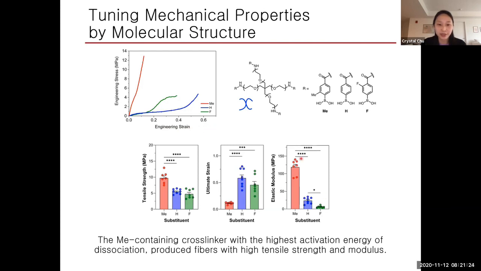And I want to draw your attention particularly to the Young's modulus, where with these subtle changes to the PEG polymer, we can observe really different elastic modulus regimes for each one of our fibers. Something interesting here is that the methyl-containing crosslinker, which actually had the highest activation energy of dissociation from our previous rheology studies, actually produced fibers with really high tensile strength and modulus.